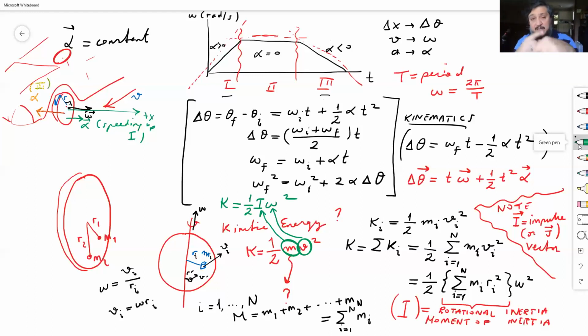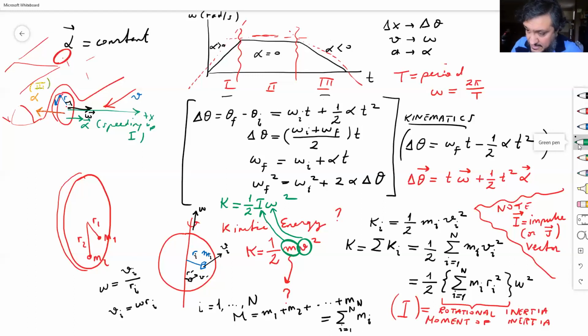If the rotating body also moves, translates, you have to add that to the game as well. So the total energy will be 1/2 mv squared plus 1/2 I omega squared, the translational and the rotational parts.